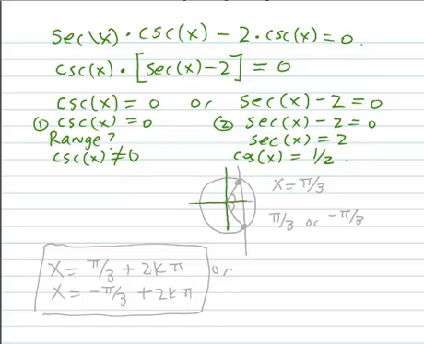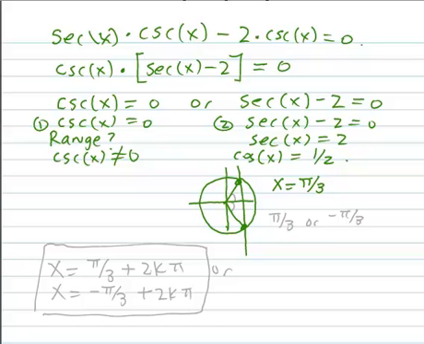Now, in solving this final equation, we want to remember where the cosine equals 1/2. If we draw the unit circle again, here's our unit circle, and cosine equal to 1/2 occurs in the first quadrant and down here in the fourth quadrant. It occurs when we have that fundamental angle of pi/3.